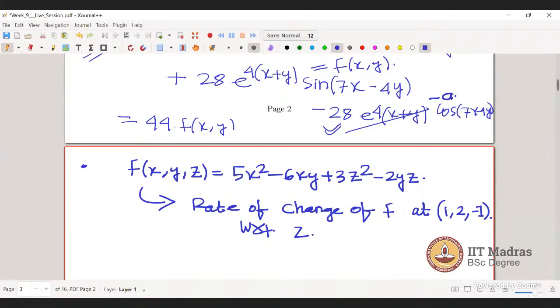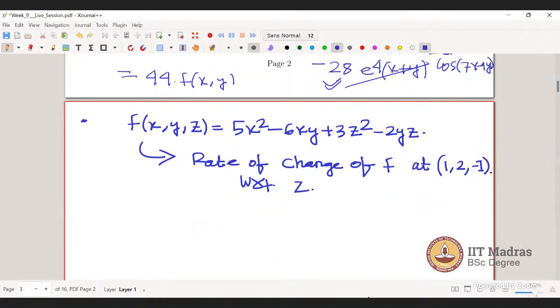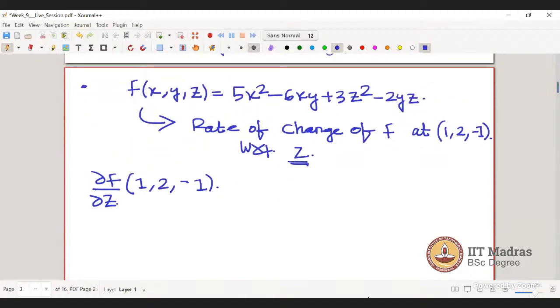Basically, it's asking you to find the value of the partial derivative of f with respect to z at point (1, 2, -1). Okay, so first let's try to compute this function.